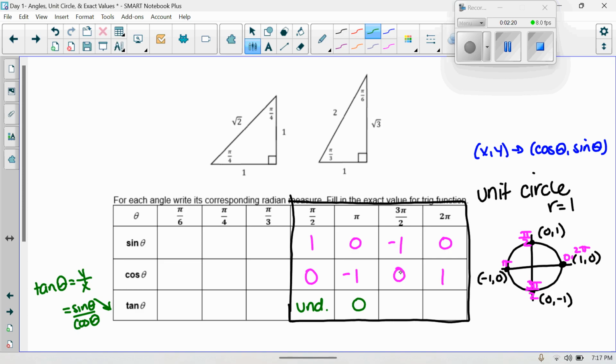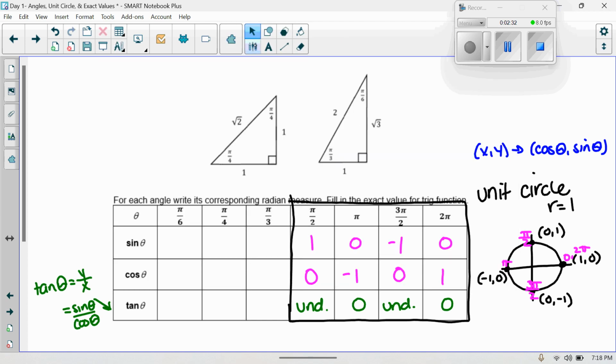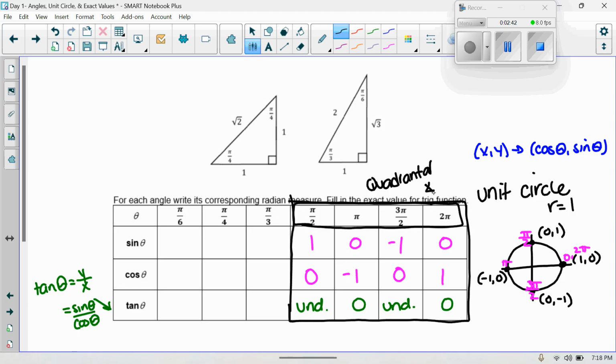Negative 1 over 0, undefined. 0 over 1, 0. So these are what we call, by the way, these numbers here are known as quadrantal angles. And those all come from our unit circle.